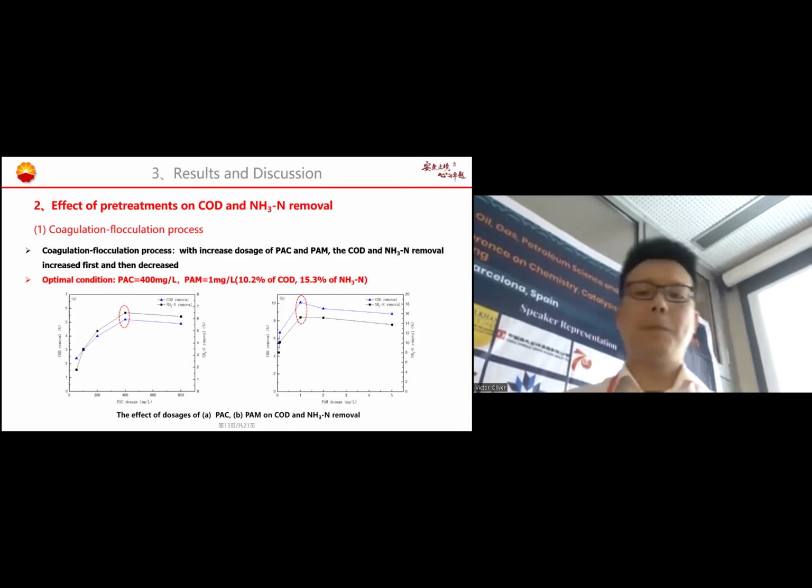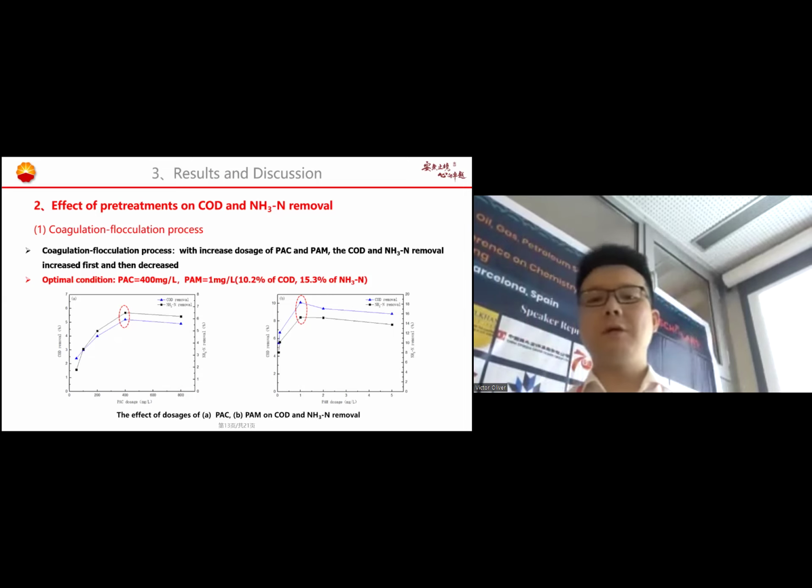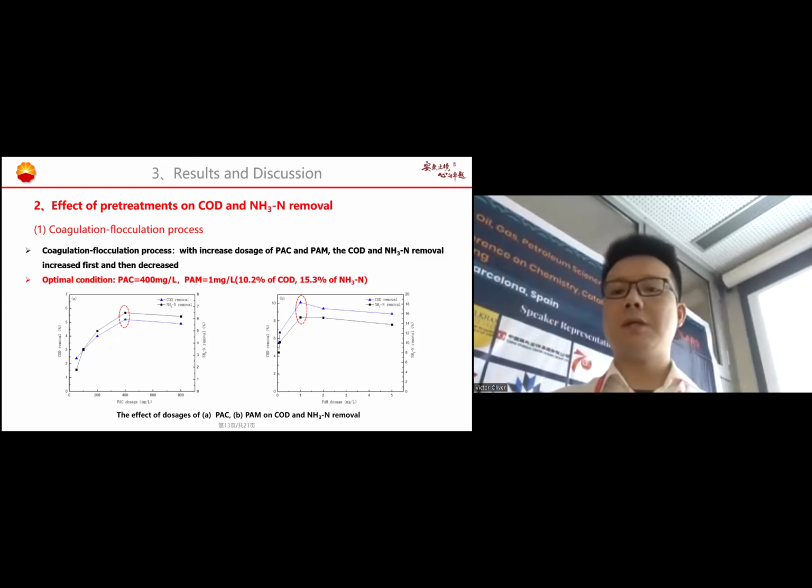Then the removal of COD is about 10%, and the removal of ammonium nitrogen is around 15%.